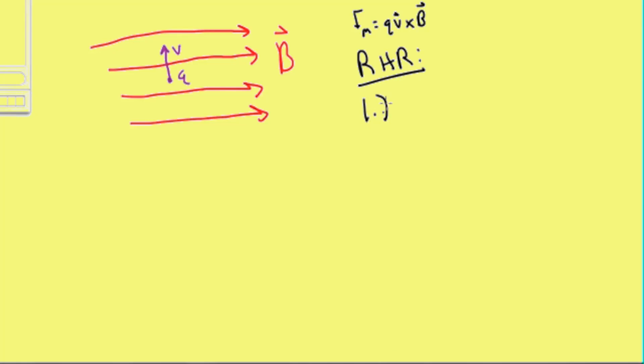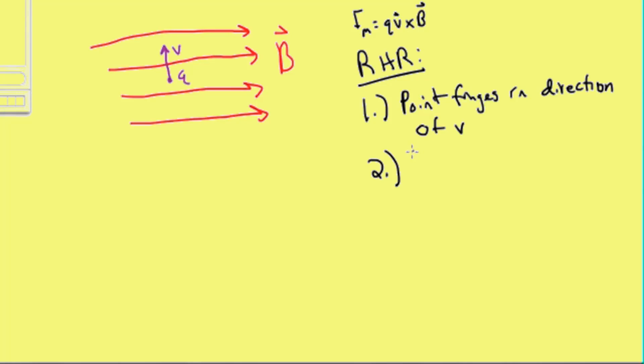First thing, we're going to take our right hand and point fingers in direction of velocity v. So you're going to take your right hand and you're going to point in the same direction as v. And you do that because v comes first here. This won't work out the same if you do it with B first. So don't do it that way. I repeat, do not do it that way.